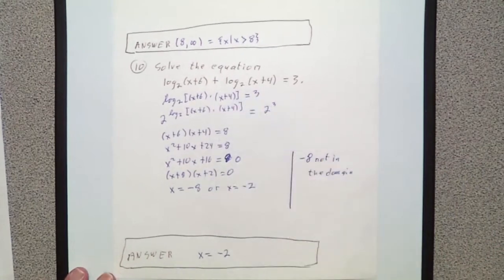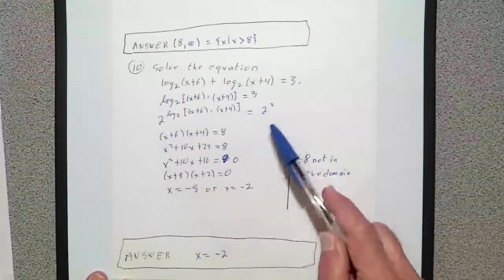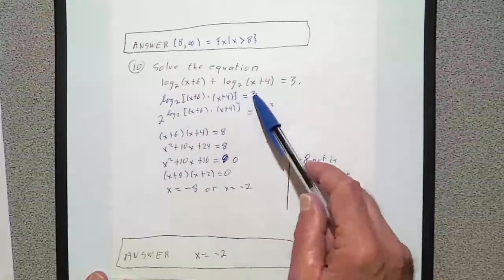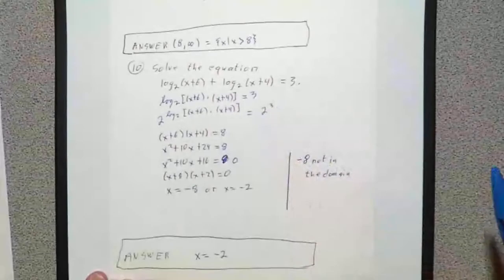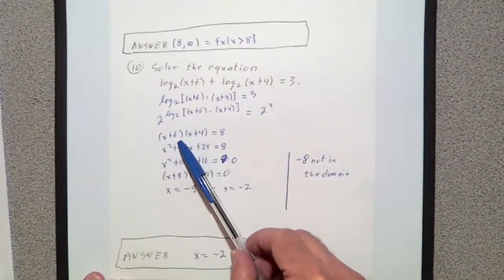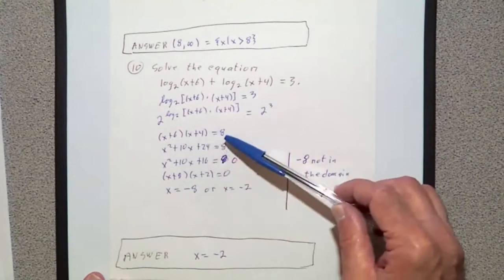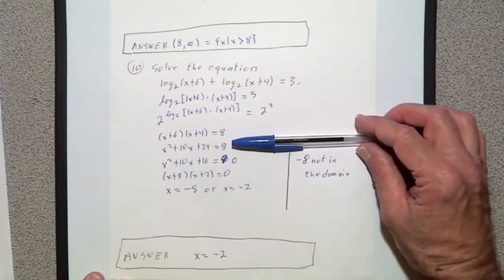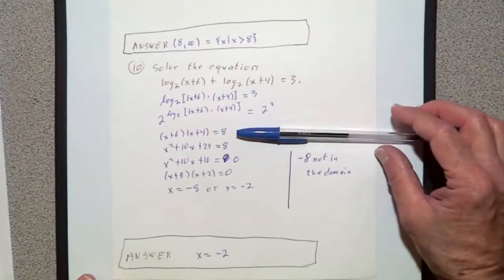Now, when we got a variable inside a logarithm, we exponentiate both sides. So we take 2 to both sides. If a is equal to b, 2 to the a is equal to 2 to the b. 2 and log cancel. So we get x plus 6 times x plus 4 is equal to 8, 2 cubed.